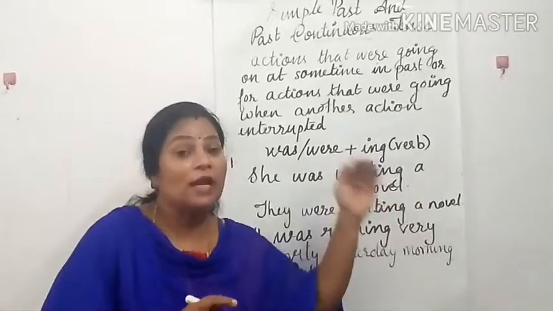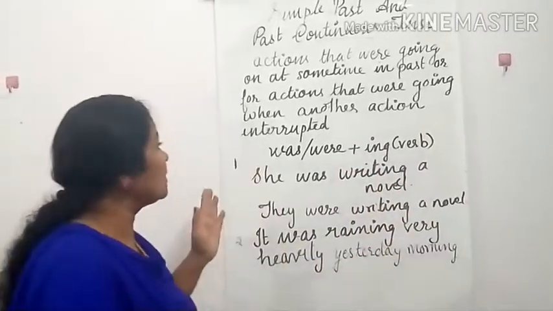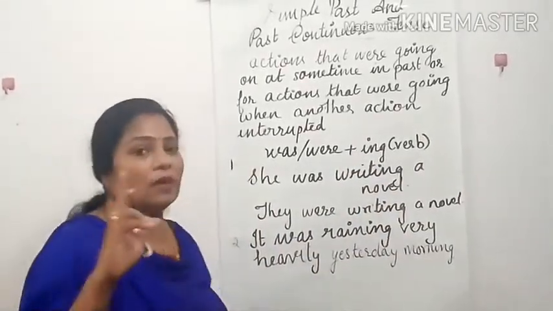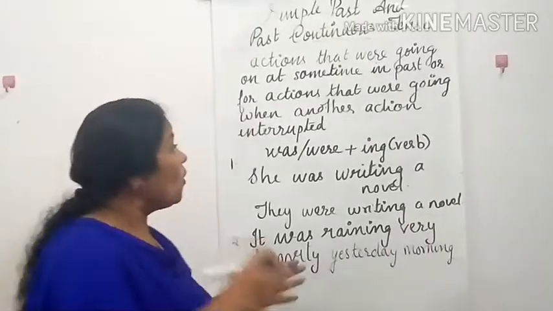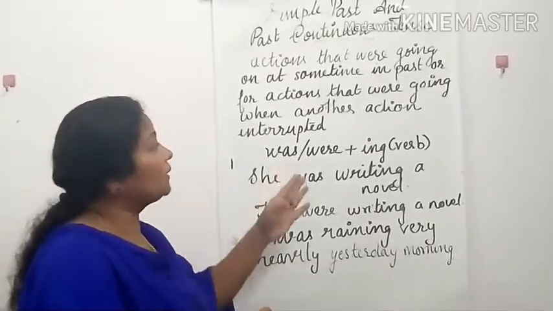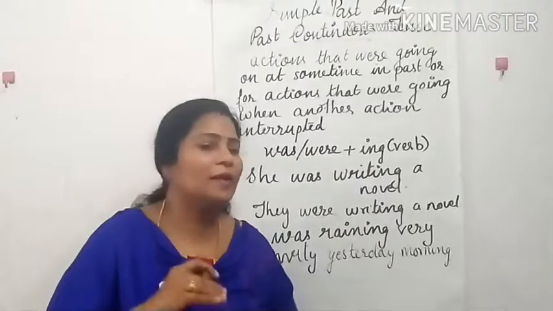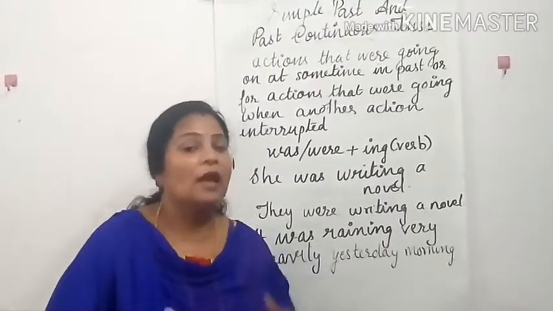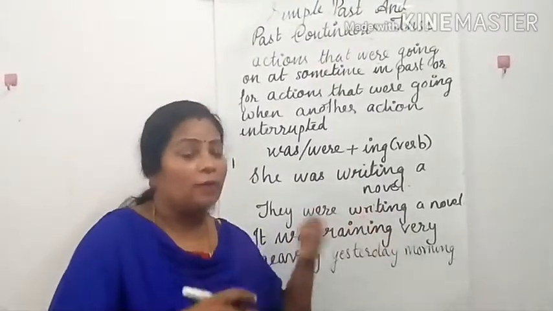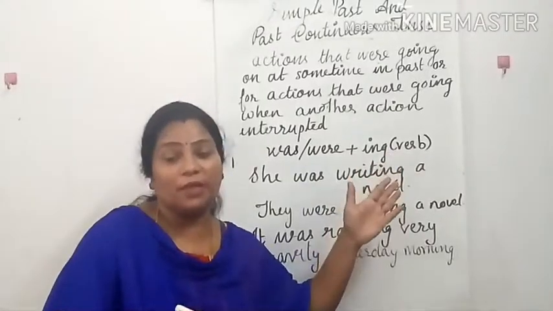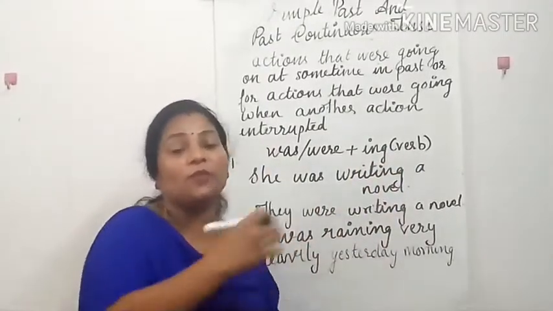The action that was continuing in the past, that is one use, and the next is that it can also be used for actions that were going on when another action interrupted. Otherwise, while some action was going on in the past, another action came in and interrupted.